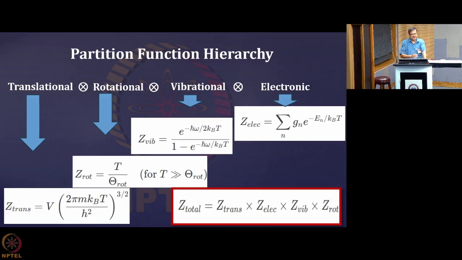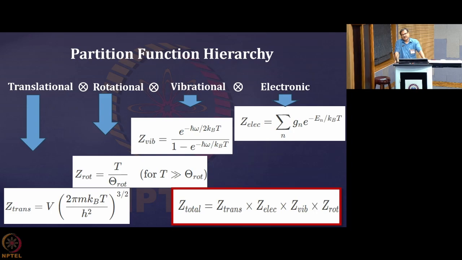You can just multiply these two and get the total partition function. But in case you are handling molecular gases, then you need to multiply all of them, that is translational, electronic, vibrational and rotational, together, which gives you the total partition function.